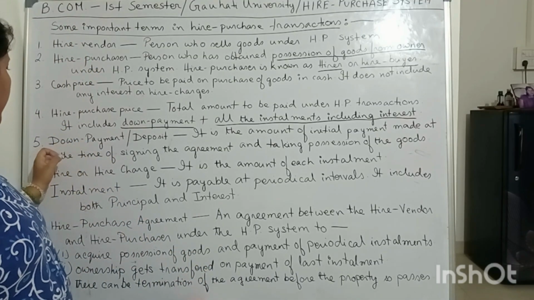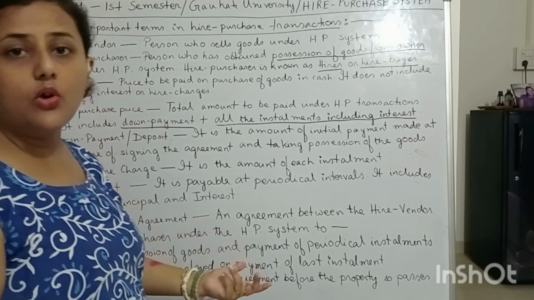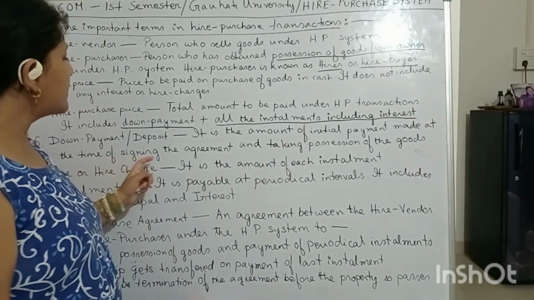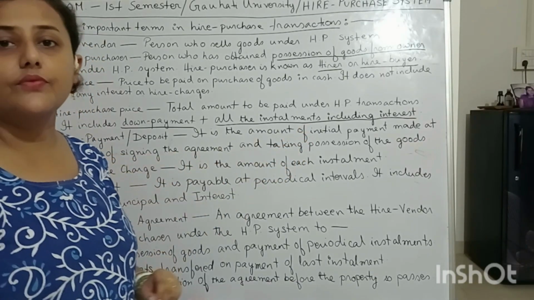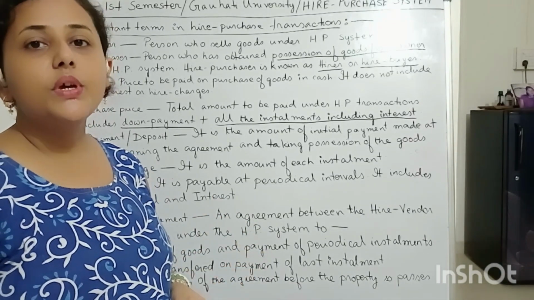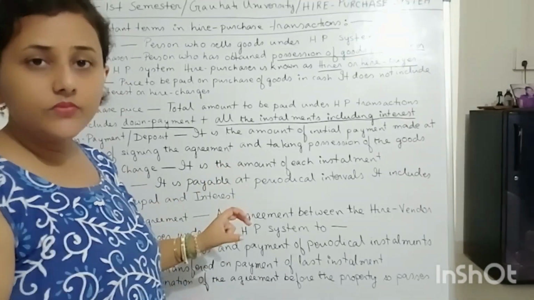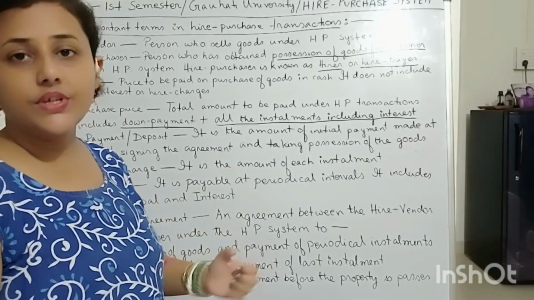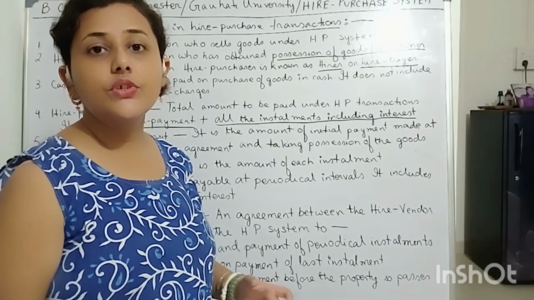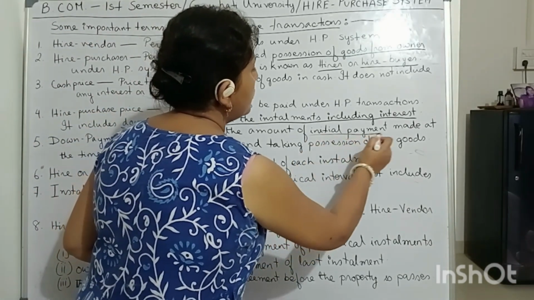Then you see number 5, down payment or deposit. As I have said, it is the amount of initial payment made at the time of signing the agreement and taking possession of the goods. When the hire purchaser signs the agreement under the hire purchase system and takes possession of the goods, at that time an initial payment is made, which is known as down payment.